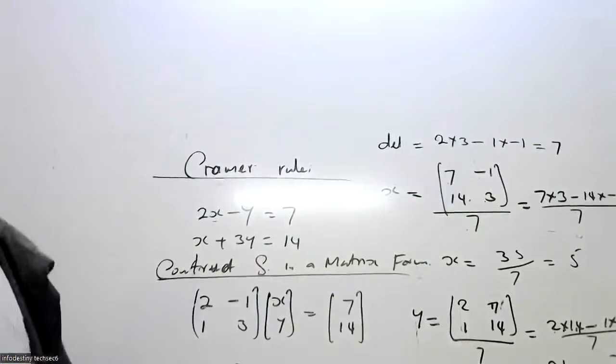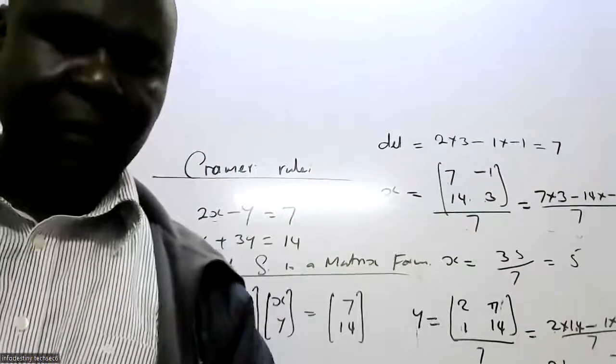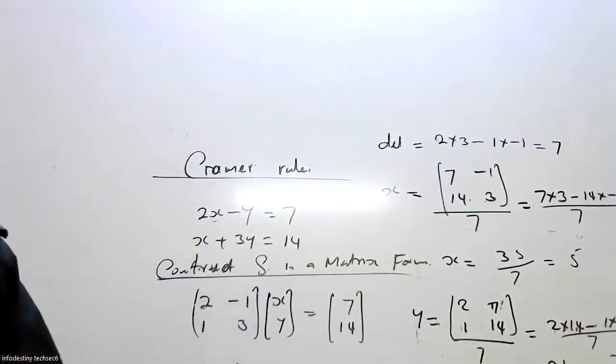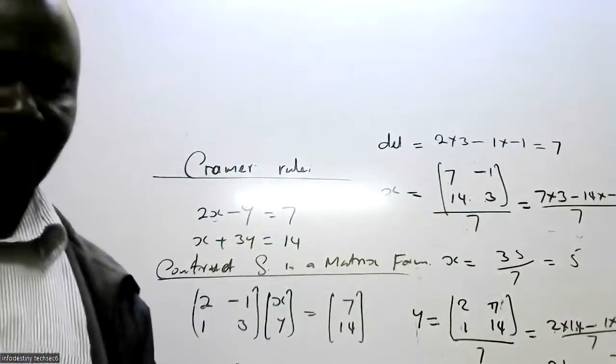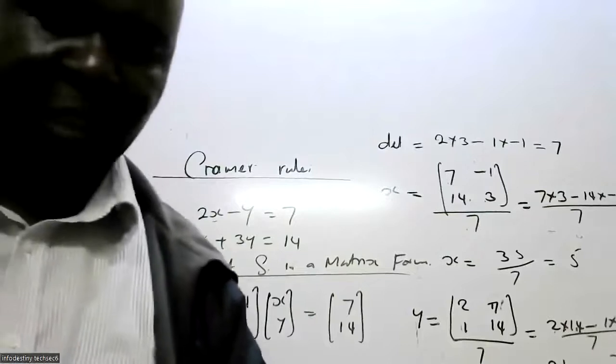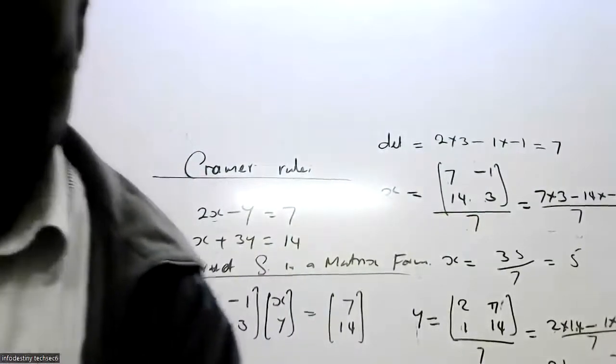Now, if you're told to solve, we write inverse method. Inverse method. That's a 2 by 2 matrix. So if you're told to use the inverse method, I want us to look at the example here.